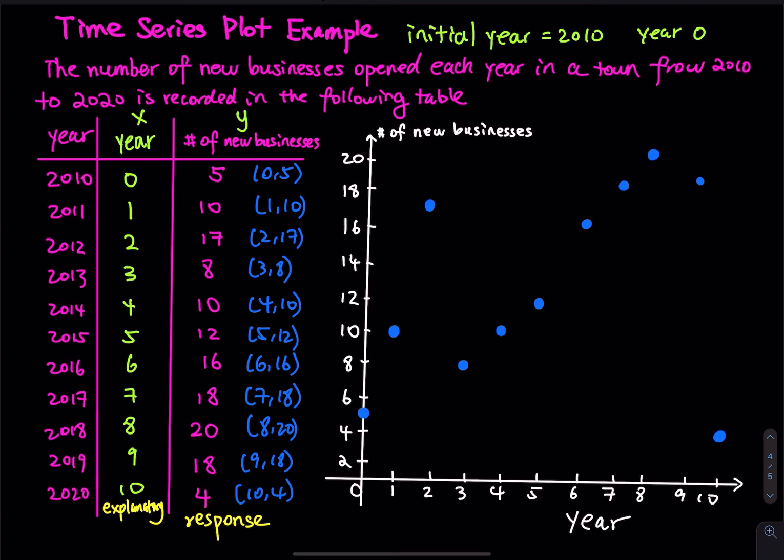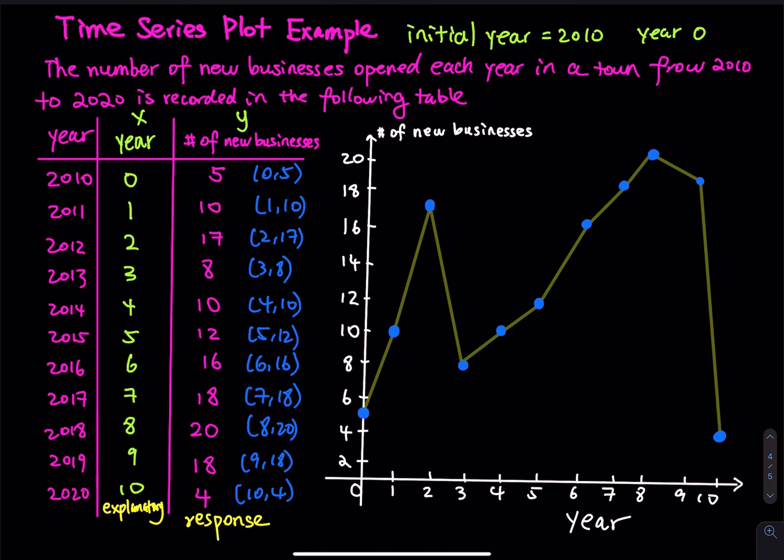All right, let's connect the points. So from 0 to 1, and then from 1 to 2, from 2 to 3, 3 to 4, 4 to 5, 5 to 6, 6 to 7, 7 to 8, 8 to 9, and then we drop back to 4 businesses.